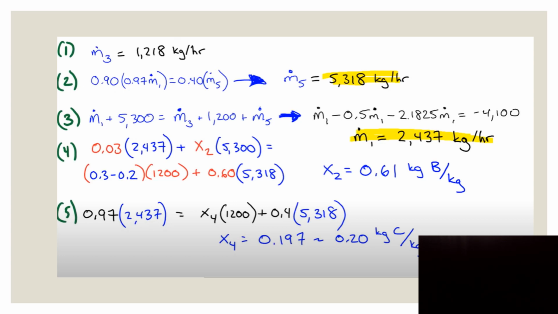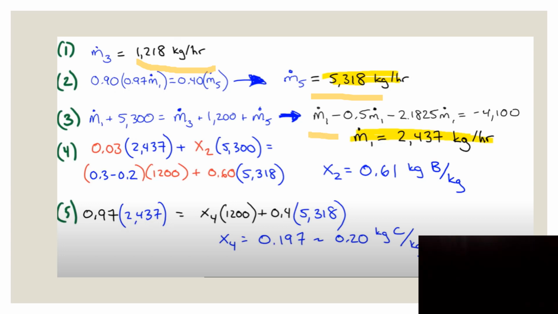So by solving all these 5 equations, you can get the unknown values: M3 equals this one, M5, and then by substituting M1 into any equation, you can get M3. Substituting M3 into equation 3, you can get M5, okay?